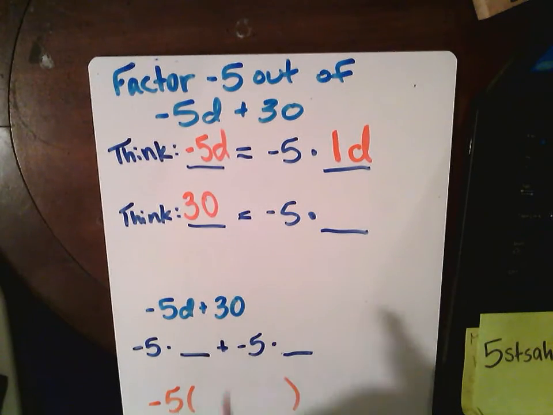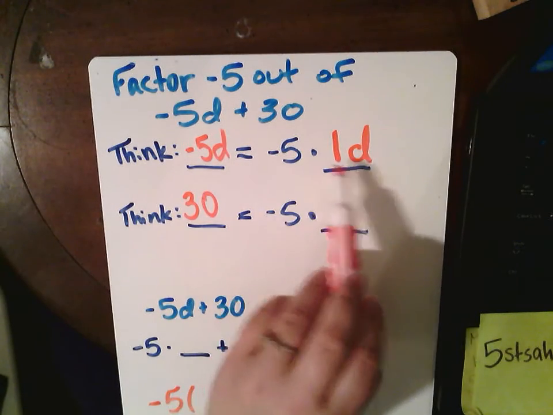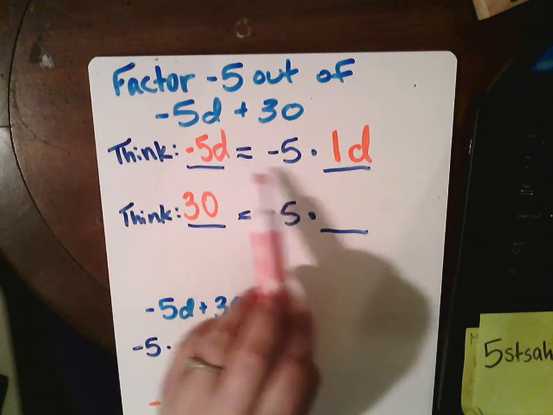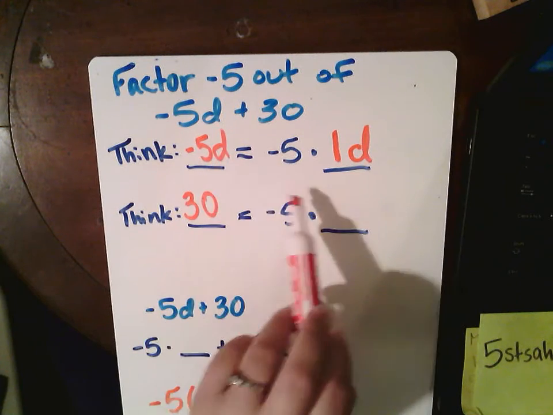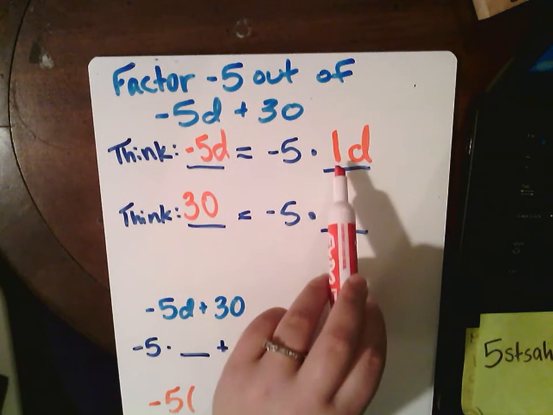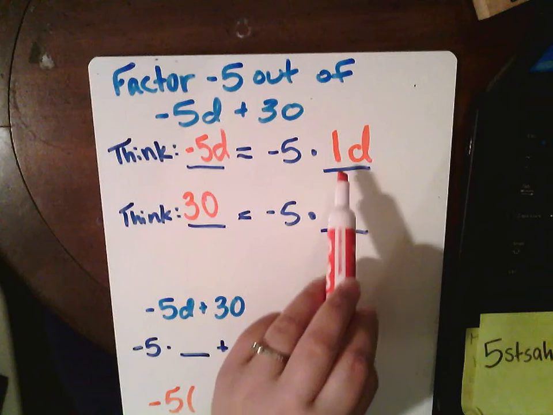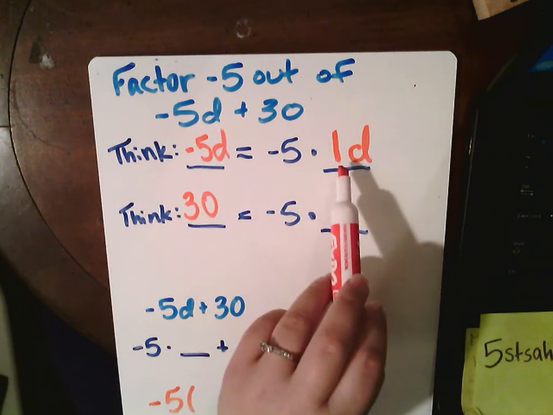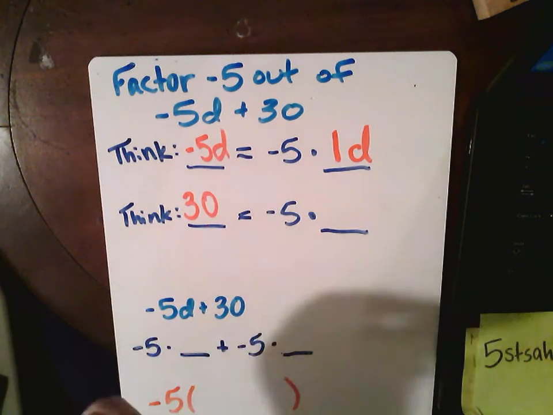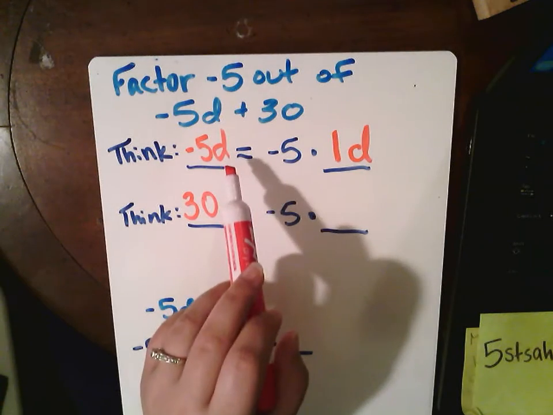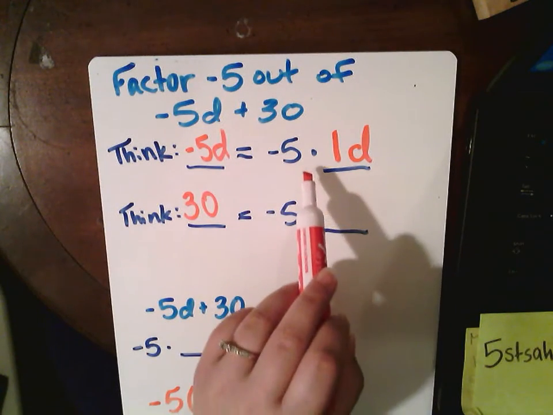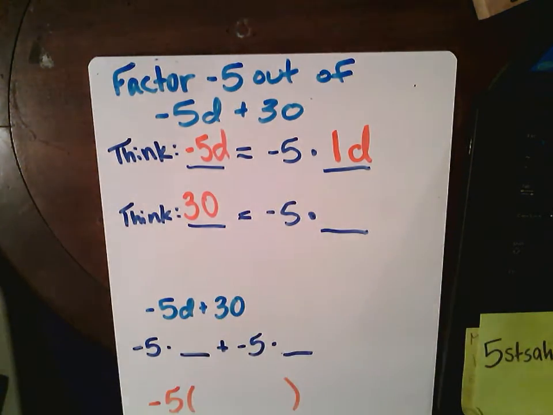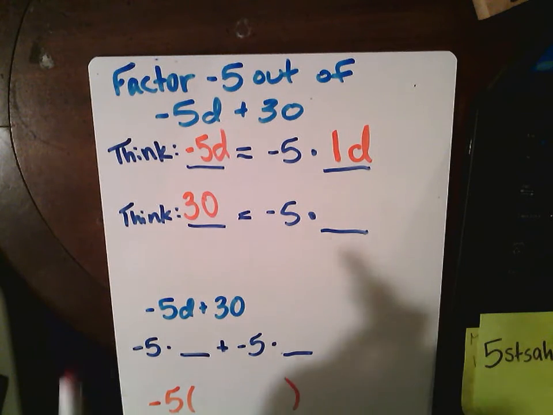Just thinking the way that we were in the last problem, another way to say that would be -5 times what gives us -5d. Well, we have our -5, and since 1 times anything gives us anything, we know that this has to be 1 because I want to keep that -5 as a -5, but I need to add that d in there. So I'm just going to multiply by a d.